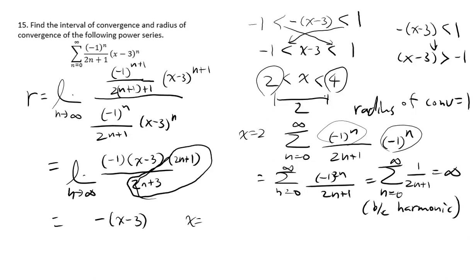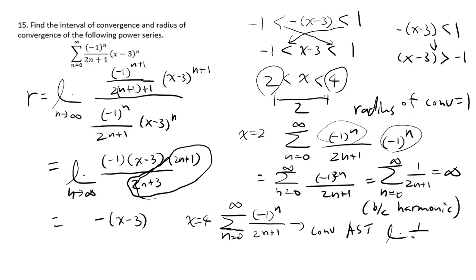And then when x is equal to 4, this time you get the sum from n equals 0 to infinity. When you plug in 4, 4 minus 3 is 1, so 1 to the n doesn't do anything. So you simply have negative 1 to the n over 2n plus 1. Now this one converges by the alternating series test because the limit of 1 over 2n plus 1 is equal to 0.